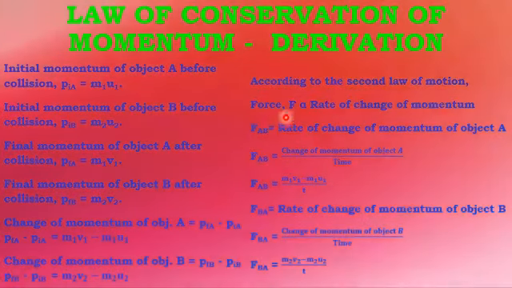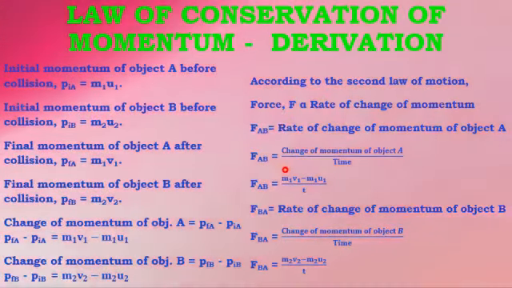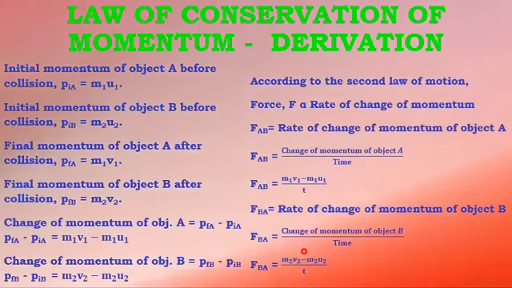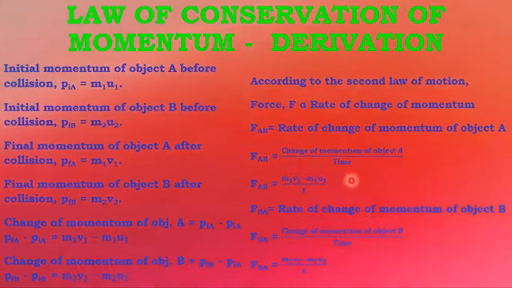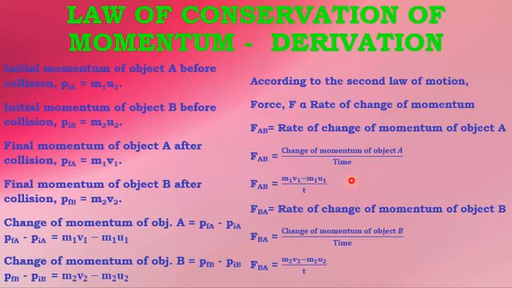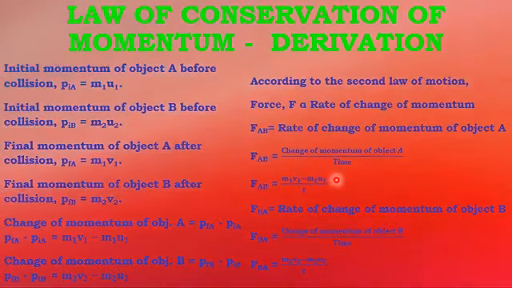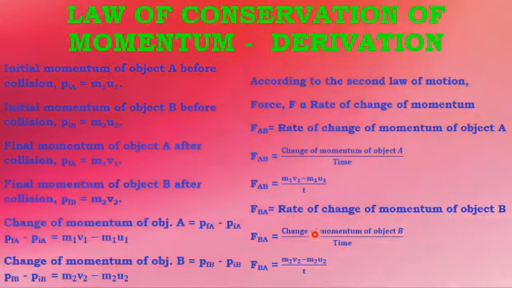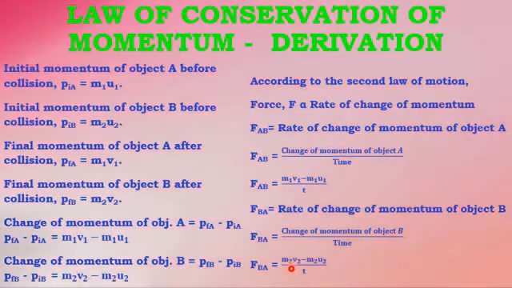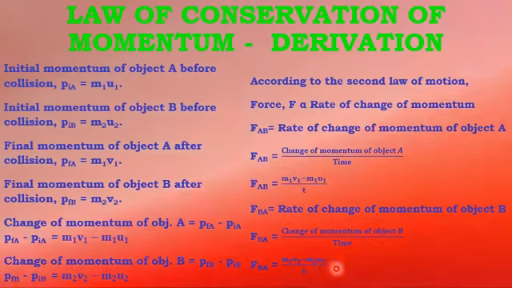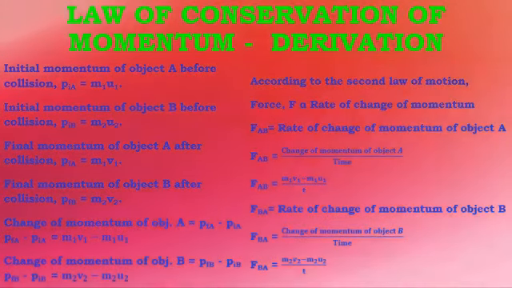So we can find FAB and FBA using those equations. FAB will be (m1v1 minus m1u1) by t, and FBA will be (m2v2 minus m2u2) by t.